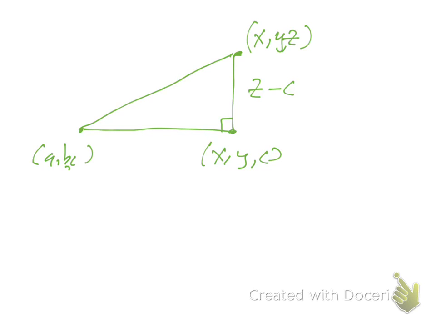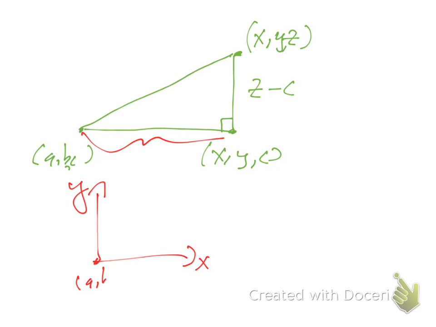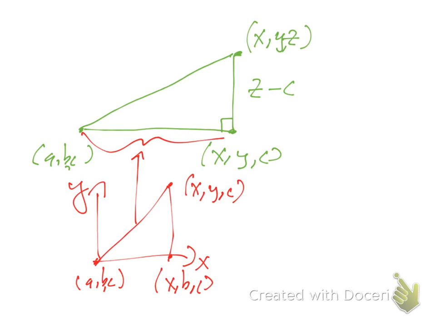And if we think about it, if I started at a, b, c, and again, I'm looking at the XY plane, this distance here we're looking for, well, the base of the red triangle here is X minus A, and the height is Y minus B, which means this length here is the square root of (X minus A) squared plus (Y minus B) squared.